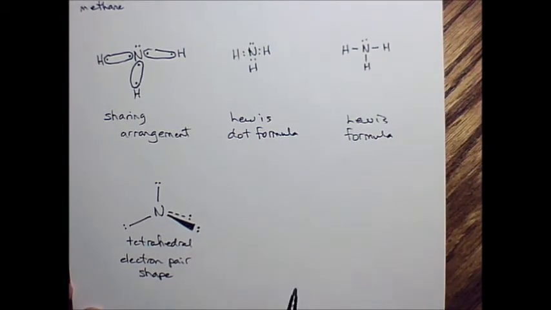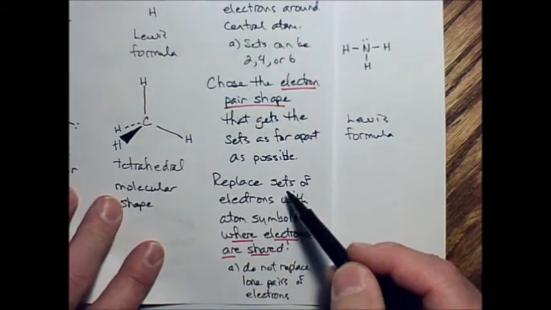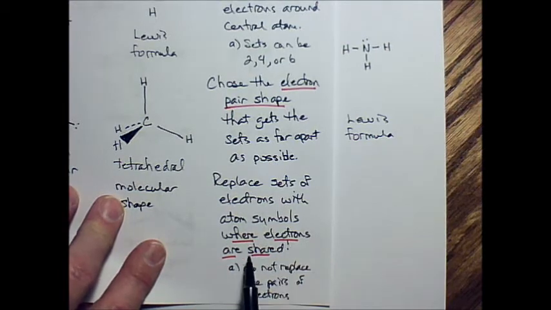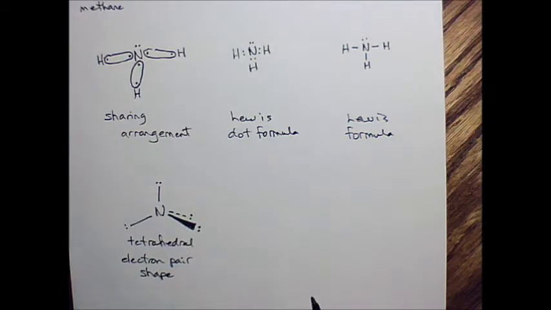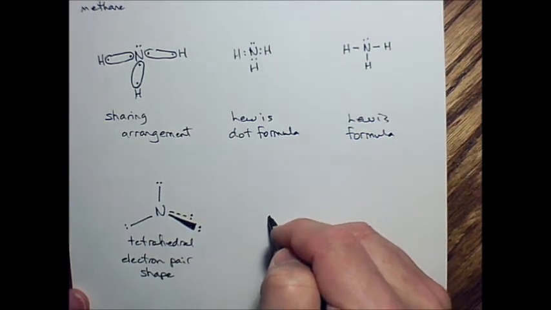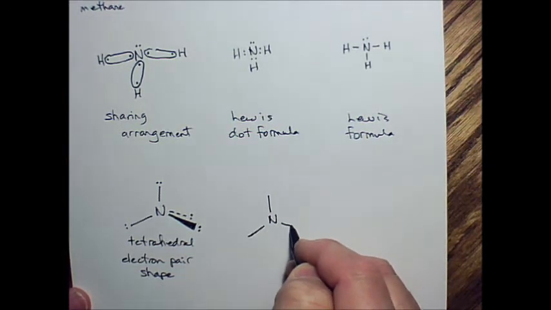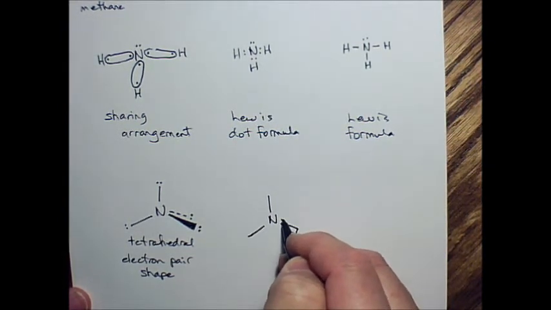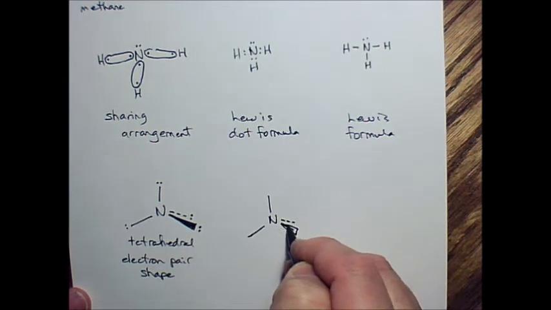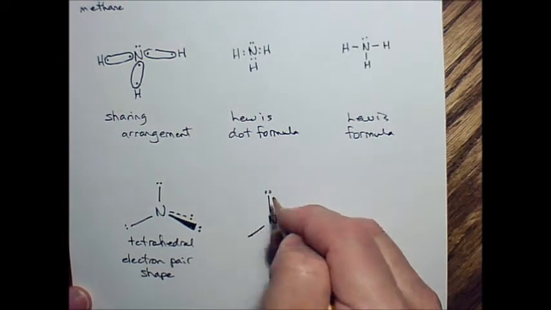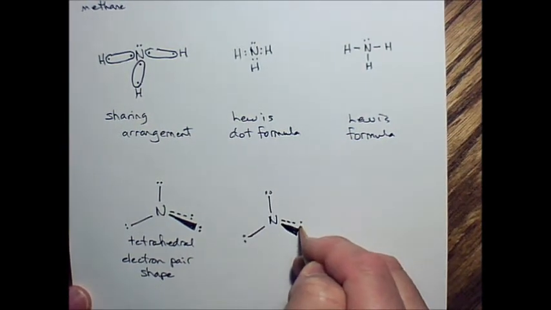Okay? All right, so the next step then I told you was replace sets of electrons with atom symbols where electrons are shared. Do not replace lone pairs of electrons. And what I told you was redraw exactly the same drawing in pencil. Now I'm doing it in a dark marker just because it's easier for you to see on the camera when I do that. But since what I'm going to do is some changes here, I'm going to do my electron dots in pencil.